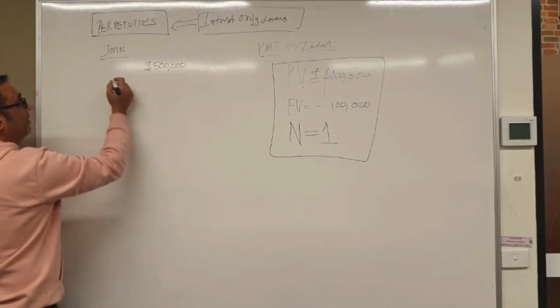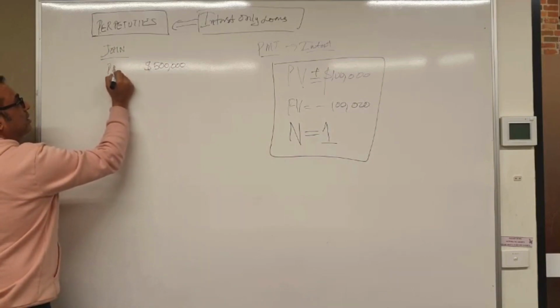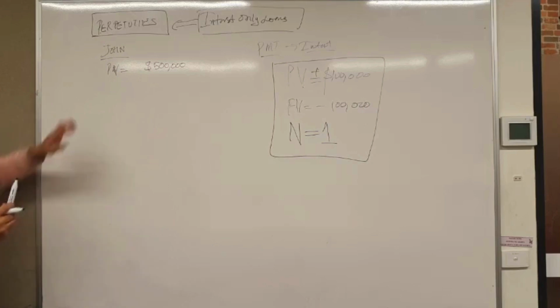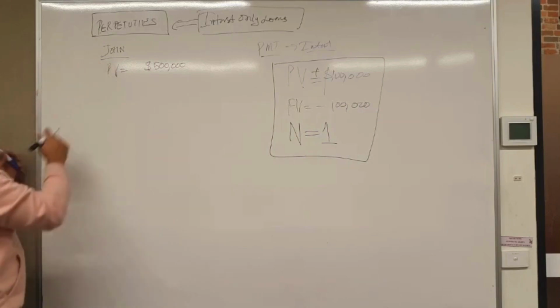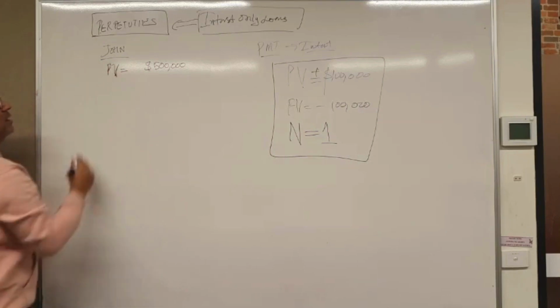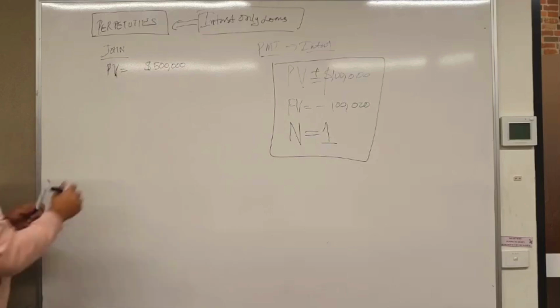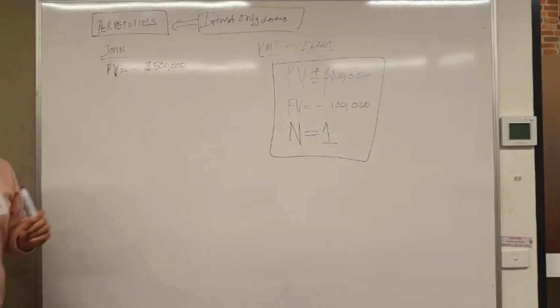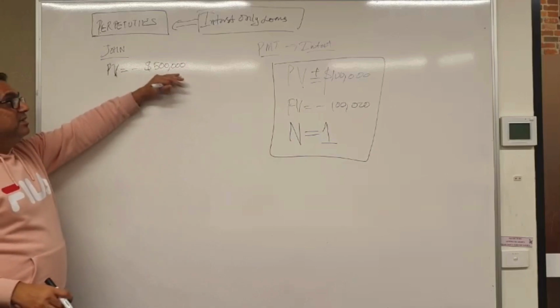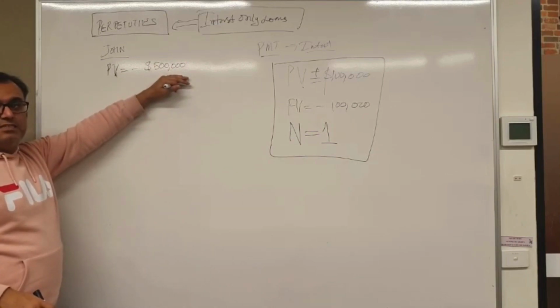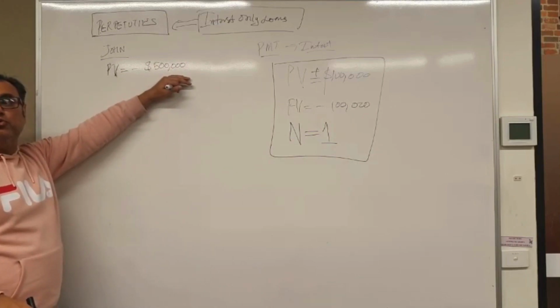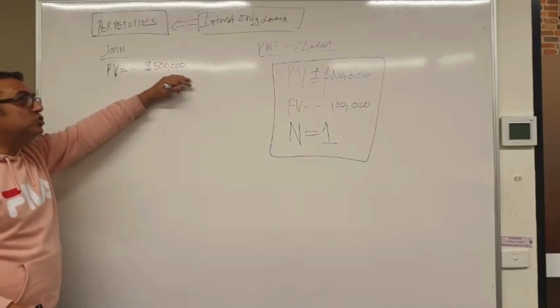The bank says, okay, let's lock your money. So PV is 500,000, but now it's going out of John's bank account, so it is a negative value. Since it's staying as is, it's not going to finish, it's not going to get consumed.